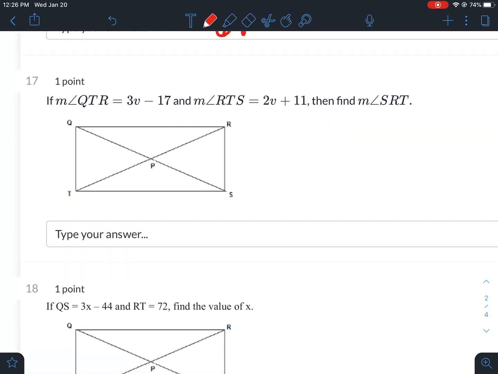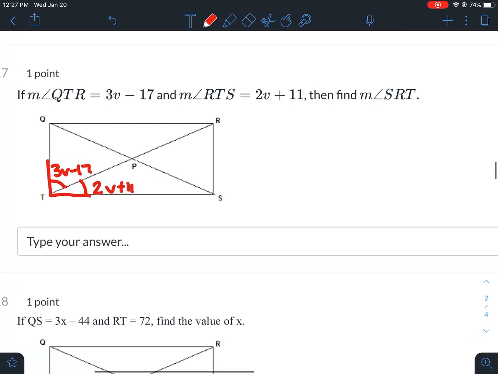17, QTR. So here is QTR right there. It is 3v minus 17. And we know RTS right there is 2v plus 11. Because we know that this is a rectangle, that means this whole angle is 90. So we're going to add those up and equal them to 90.